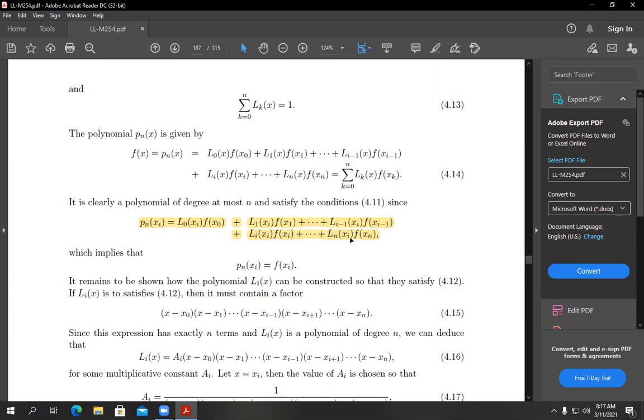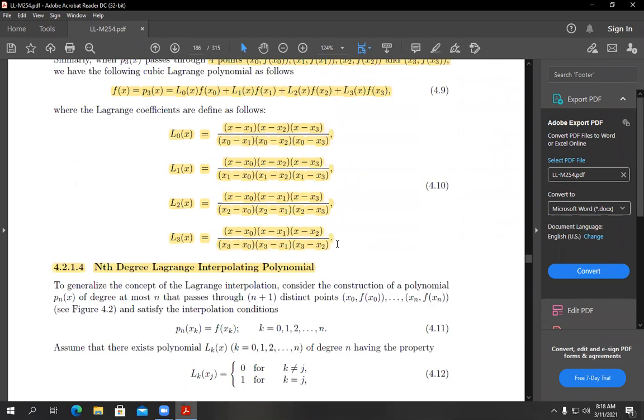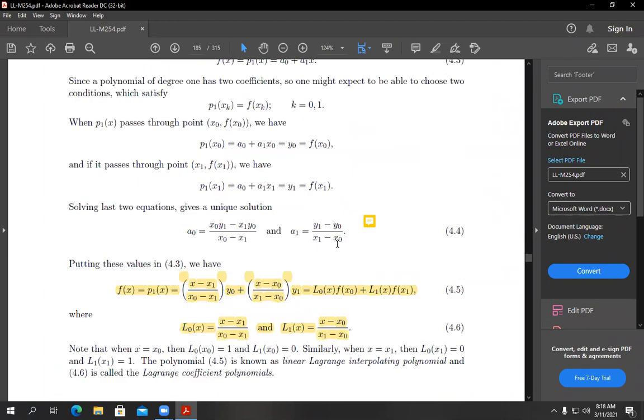It's okay, I'm looking for the approximation at xi, so this is fine. And of course, you start with a polynomial of degree 1. For degree 1, you have L0 and L1, which are the 2 coefficients, and only 1 term in the numerator and denominator.